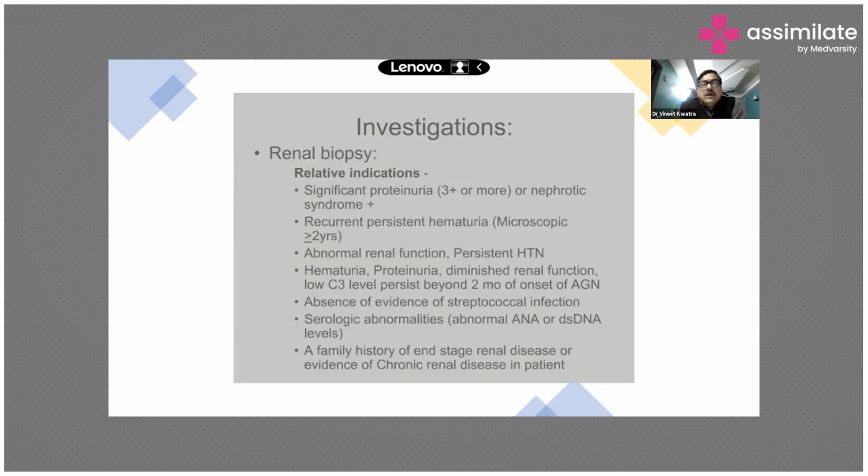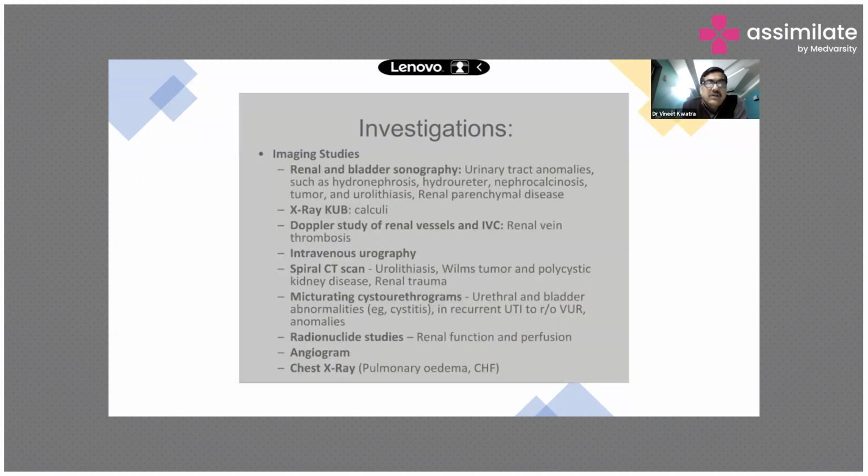Okay. Now, if all the investigations have been done and we are not reaching a diagnosis, then the final investigation you can go ahead with is a renal biopsy. But preferably, what we do in our practice is that until this point we can still do imaging studies.